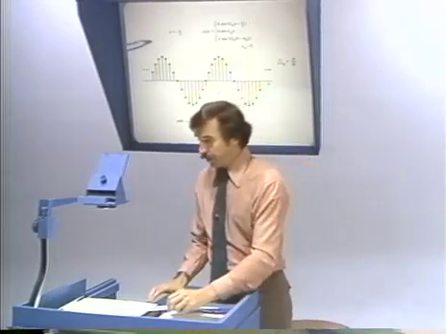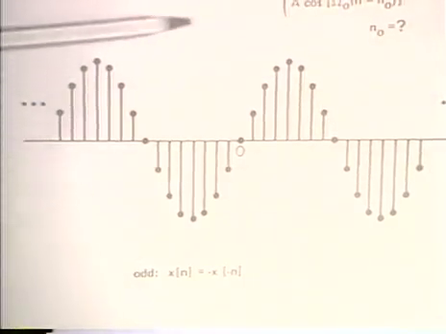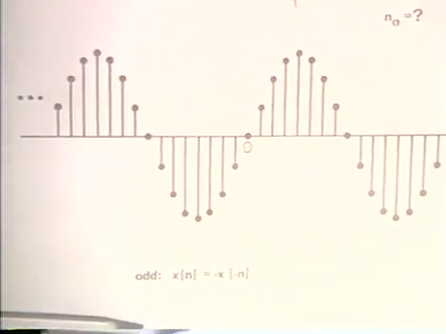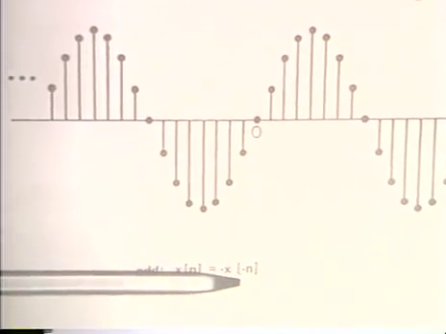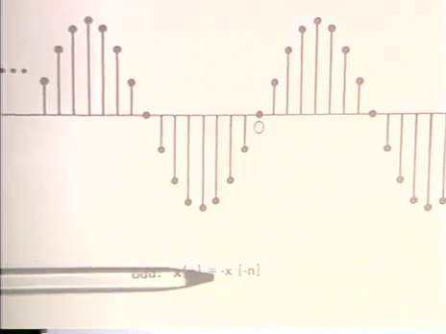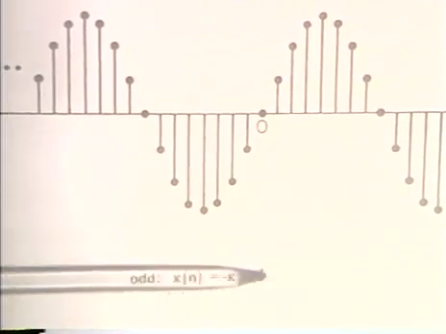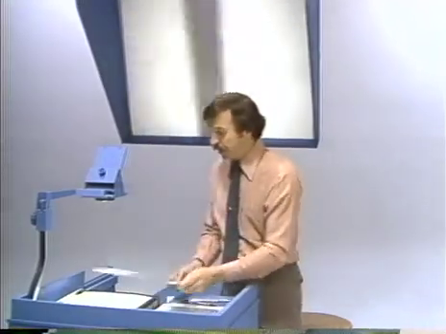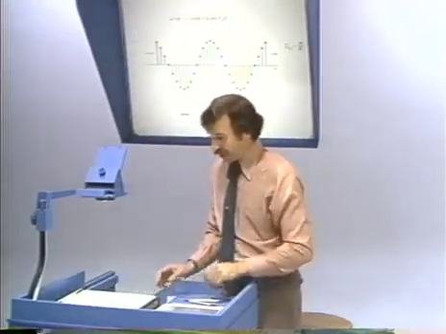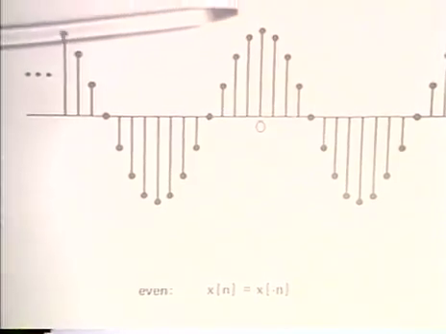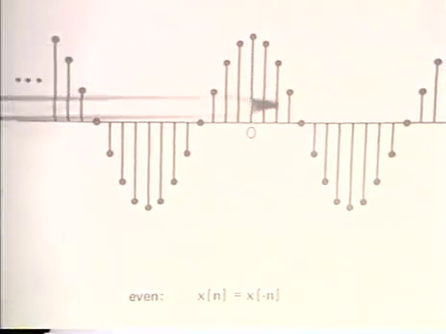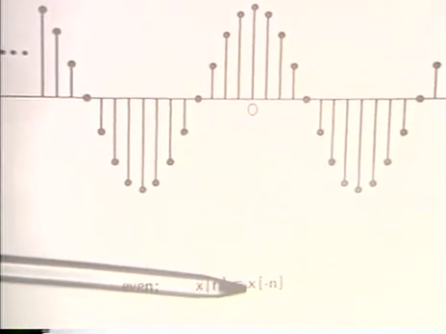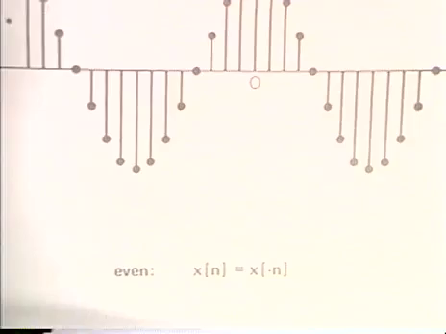So here we have an odd symmetry expressed mathematically as I've indicated, namely replacing the independent variable by its negative attaches a negative sign to the whole sequence, whereas in the previous case what we have is zero phase and an even symmetry, and that's expressed mathematically as x of n equals x of minus n.